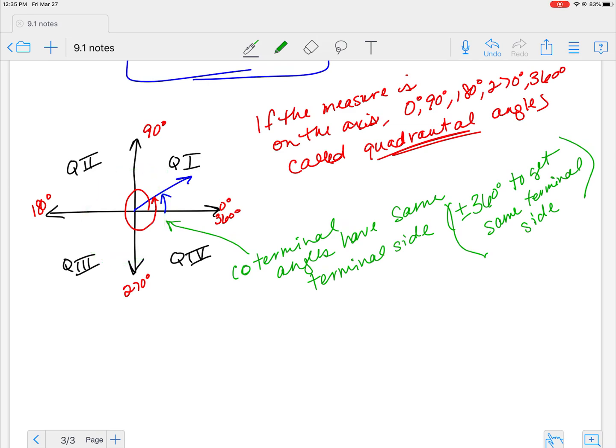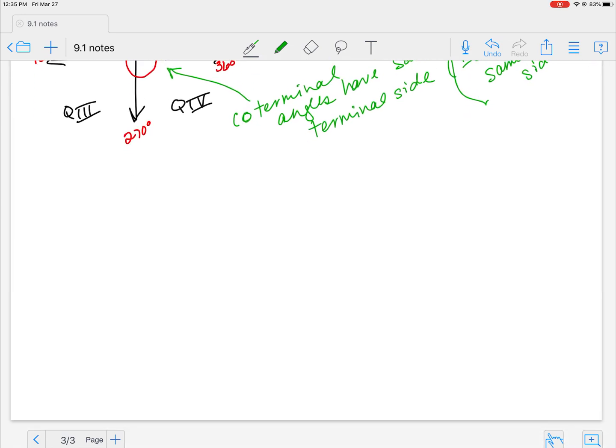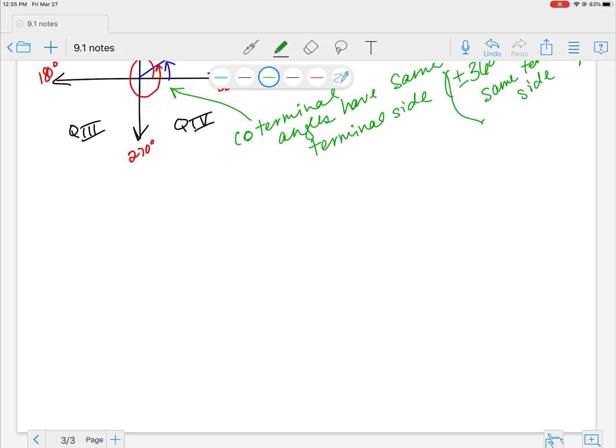Positive goes this direction, right? Negative would send me back this direction. That would be the same coterminal angle. But to get all the way around this circle, you know a circle has 360 degrees. So to get all the way around that circle, that's where you come up with it.